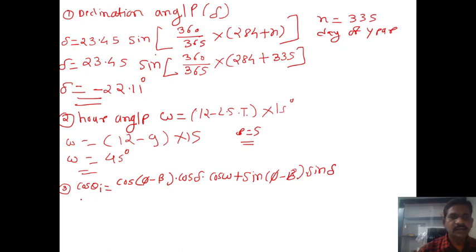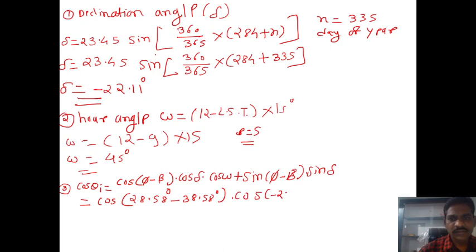So you just put in all the values. Cos of latitude, how much latitude will be there, guys? 28.58 degree, minus beta, which is 38.58 degree, into cos of declination angle, which is minus 22.11. Then cos omega, how much?